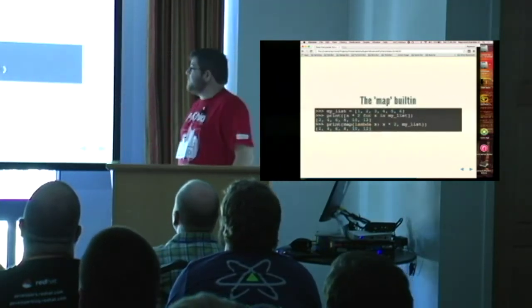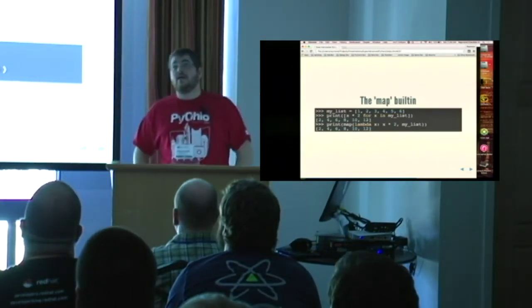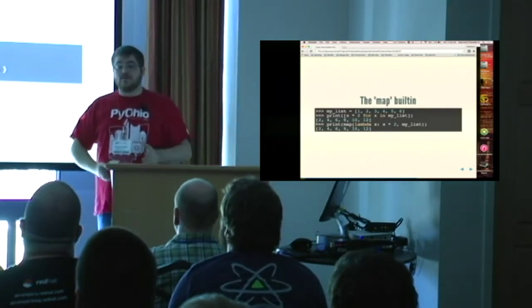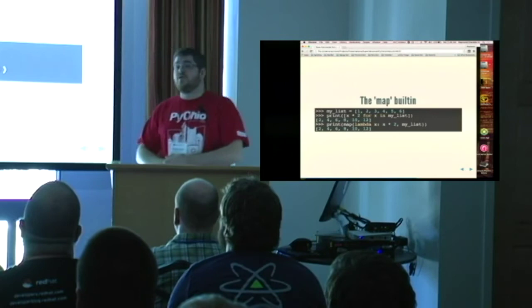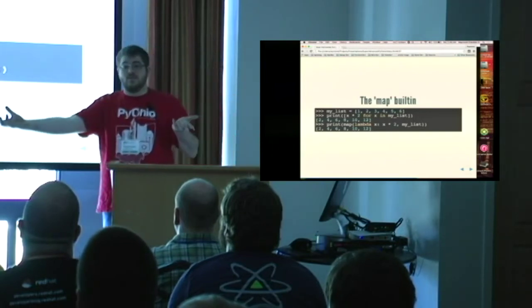The map function does the same thing, but rather than expecting true or false, Python expects you just to return a value, and then it will take that original object and translate it into this new object, right?